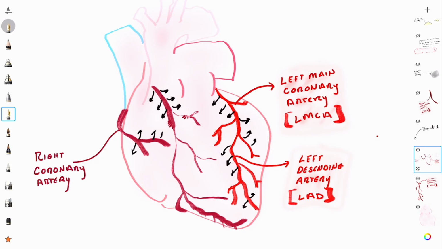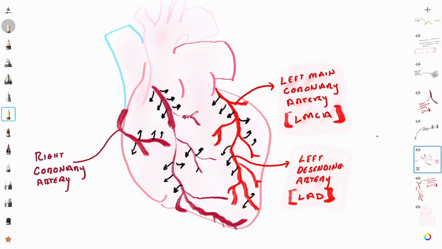So we have these branches that basically ensure that all of the muscle surrounding the heart is receiving lots of oxygen, right? And I'm just kind of drawing these arrows to show you the direction in which oxygen is going to diffuse and where the substrates are going to also get into the cardiomyocytes to be metabolized.